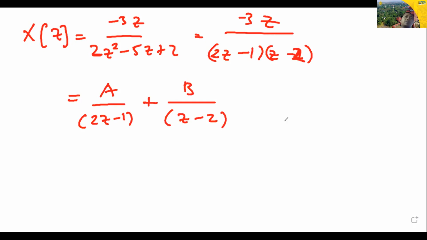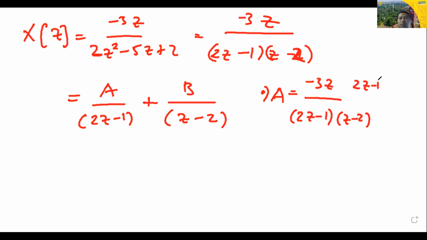Using the same way in partial fractions, we compute A, which is equal to minus 3z over (2z minus 1)(z minus 2) multiplied by (2z minus 1), and we substitute here z equal to 1/2.